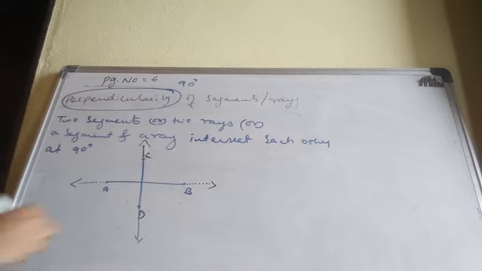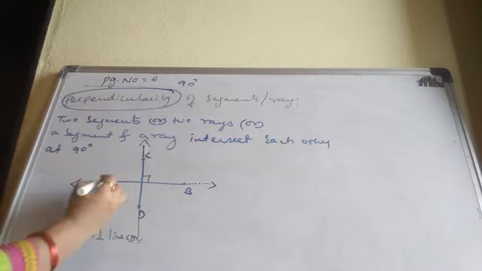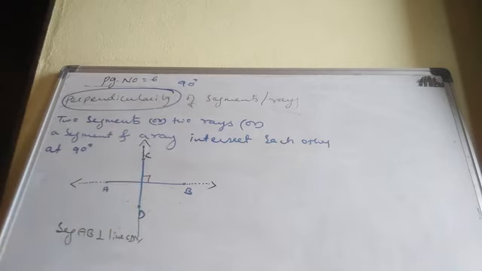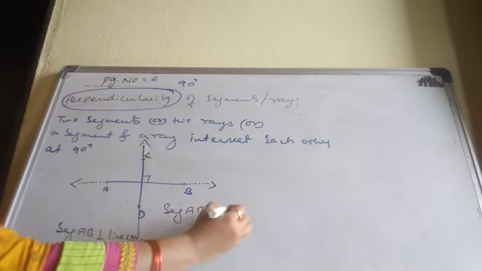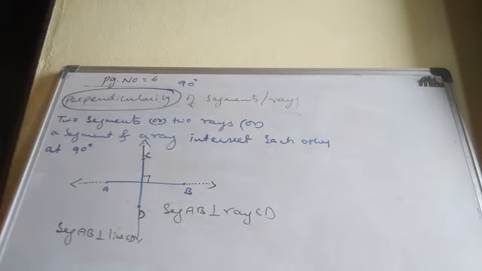Here it makes 90 degree. Now here I will write segment AB is perpendicular to line CD. Segment AB is perpendicular to ray CD. I can write like that also, because a ray is a portion of a line.